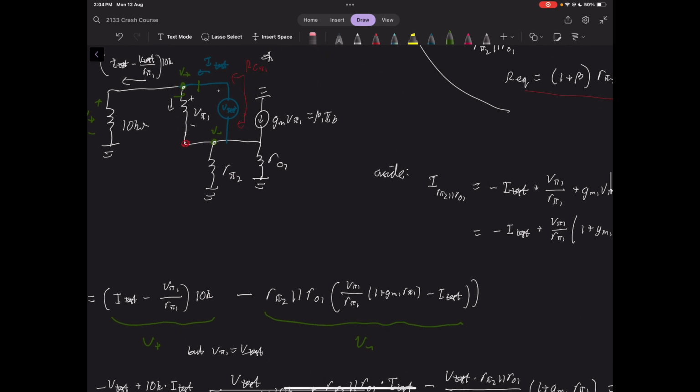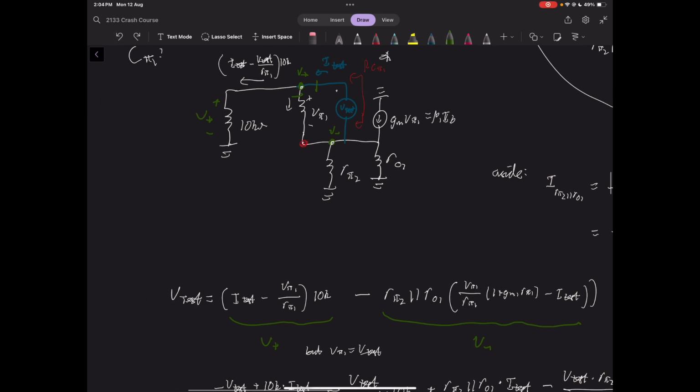And then for V minus, we are going to use a similar method. We're going to use KVL again to try and find the current through these two resistors in parallel. Again, this is just Ohm's law, so I might try and make this a bit more clear.